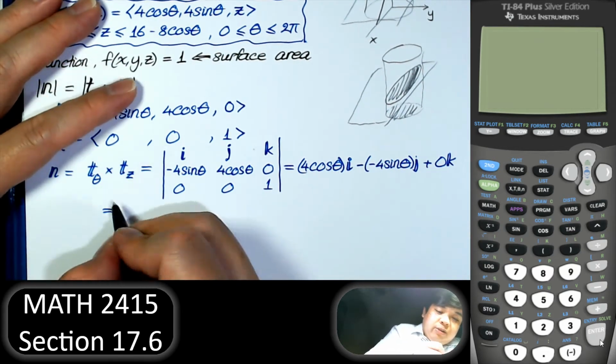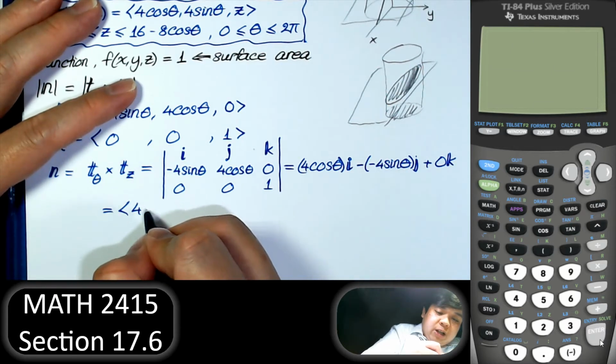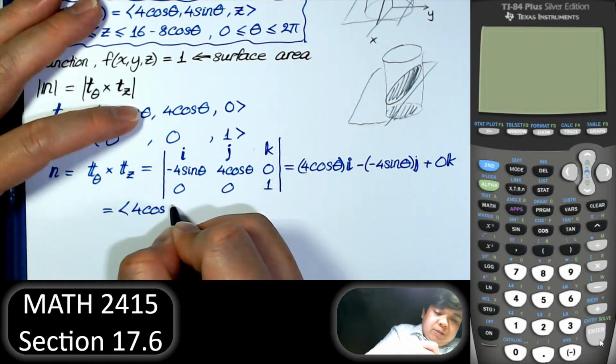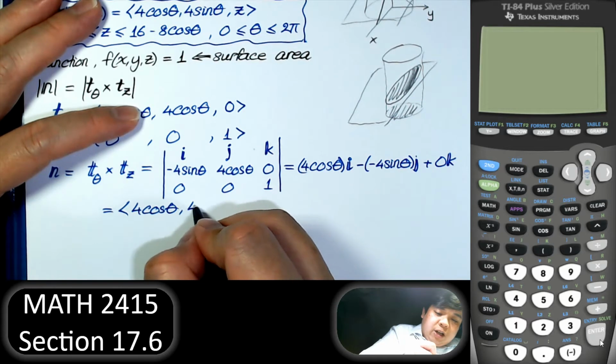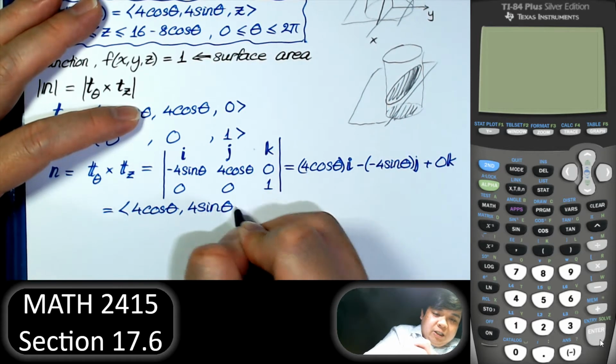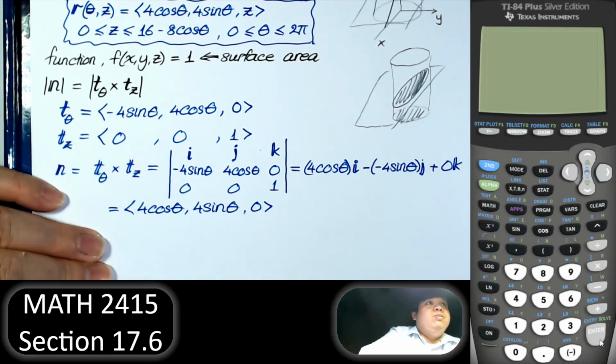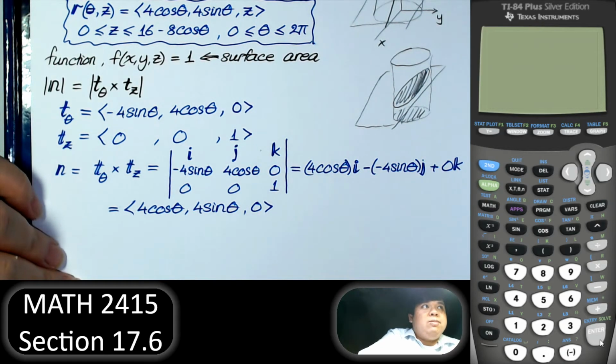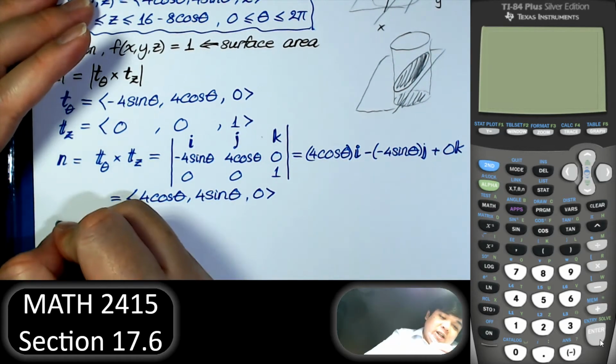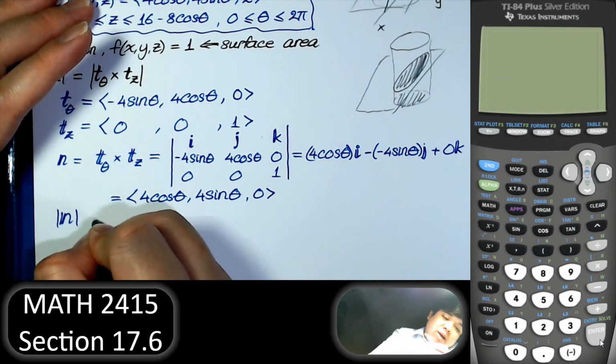So we just have 4 cosine theta, 4 sine theta, and then 0. This is the normal vector, which of course is pointing out, but we're not worried about direction here. We just need the magnitude.